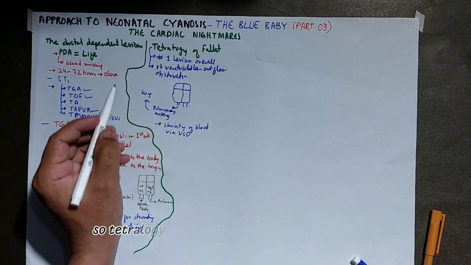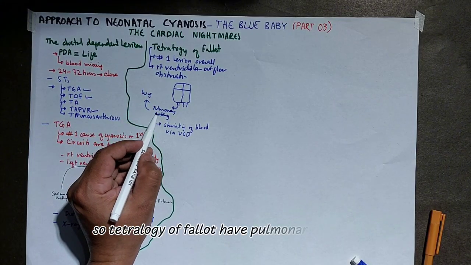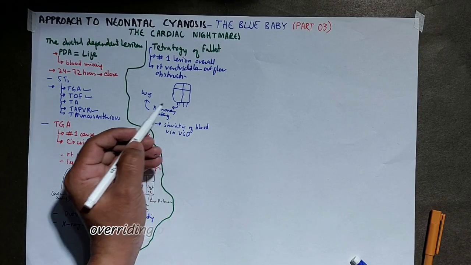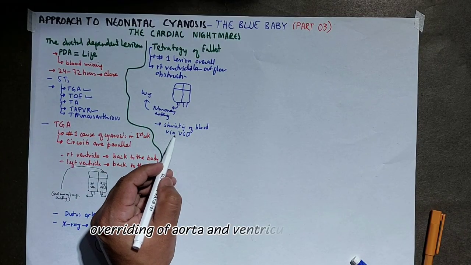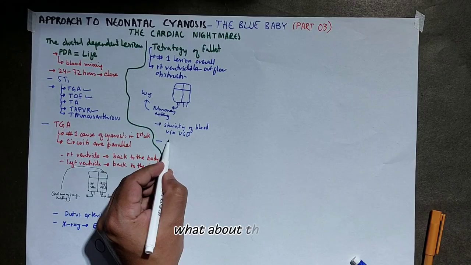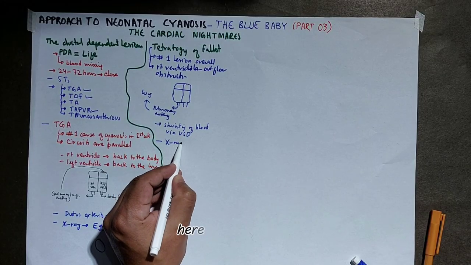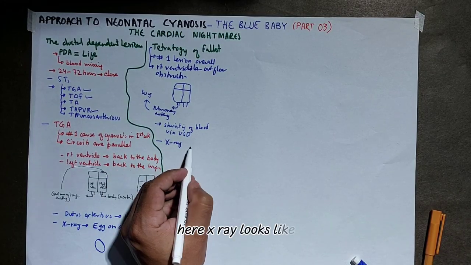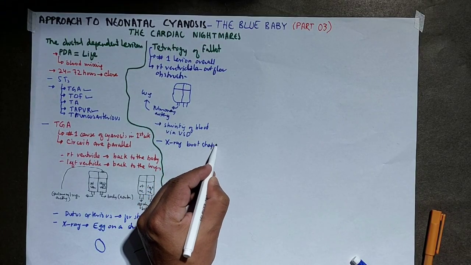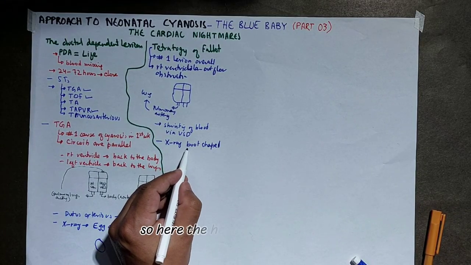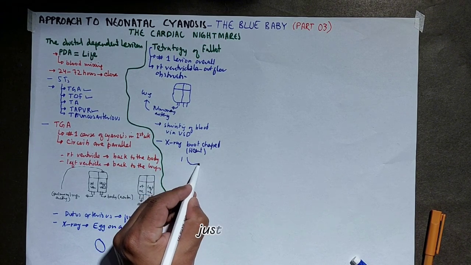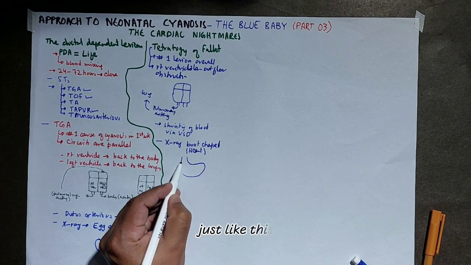So Tetralogy of Fallot has pulmonary artery stenosis, overriding of aorta, and ventricular septal defect. What about the X-ray? Here the X-ray looks boot shaped. So here the heart is boot shaped, just like this.